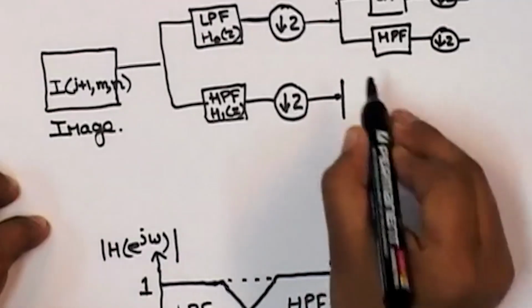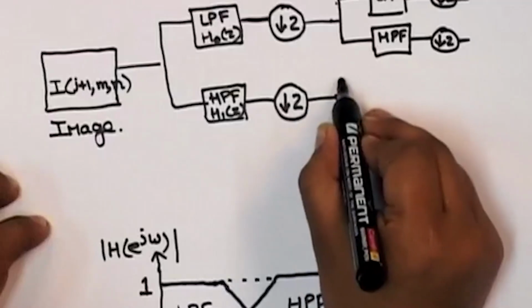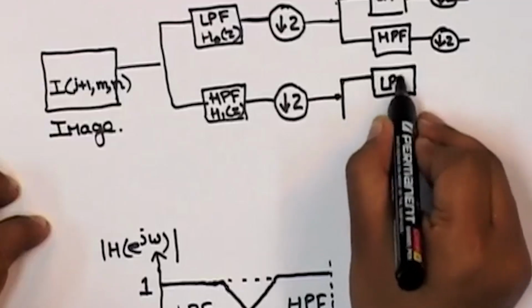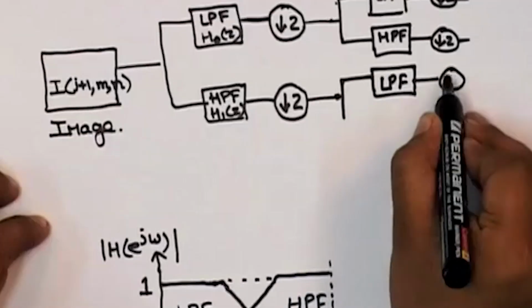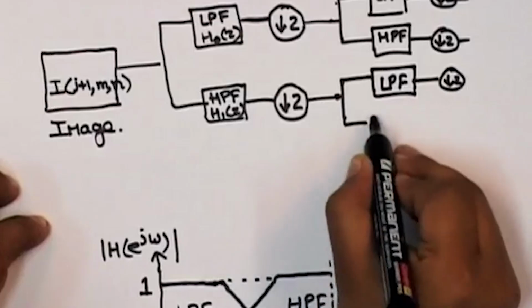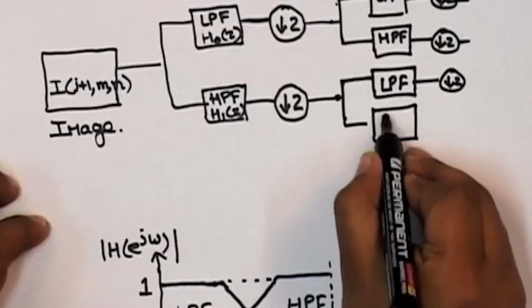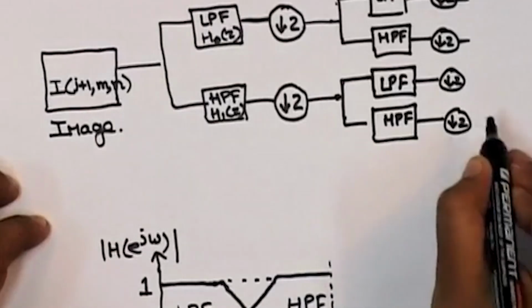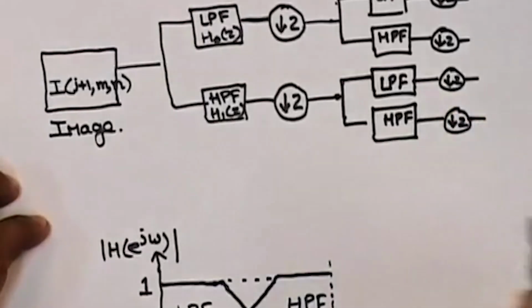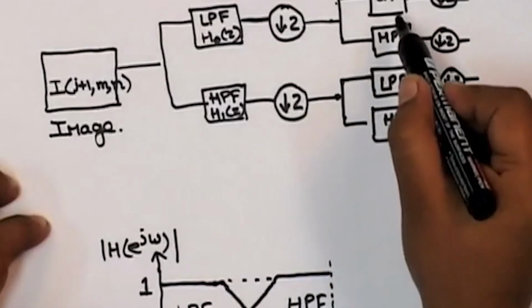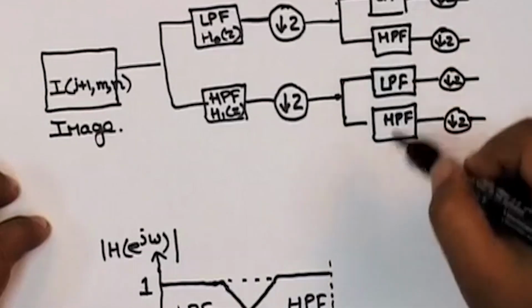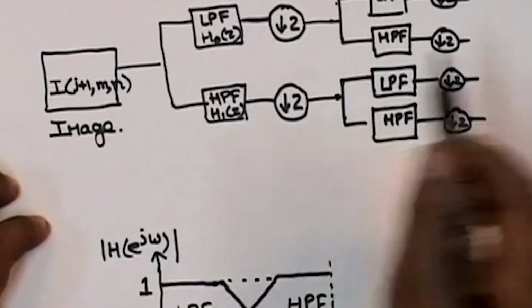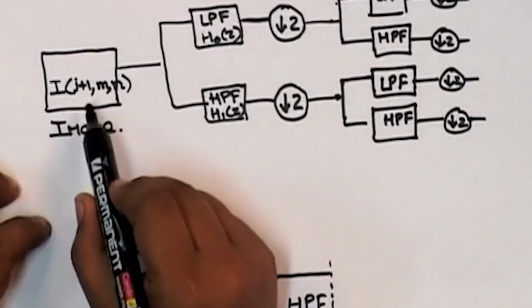At the lower output of the high pass version, we again pass it through a low pass filter followed by downsampling by 2, and a high pass filter followed by downsampling by 2. But the difference now is that these filters and downsampling operations are acting on the rows of the image I j+1.